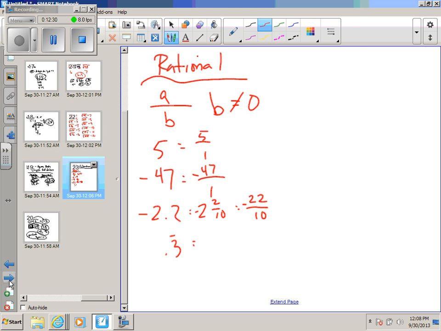Let me show you a little trick with repeating decimals. If I were to just ignore the bar notation for a second, and I just look at this as 3/10, how would I put 3/10 into fraction form? 3 over 10. However, since it's repeating, there's something special that happens to your denominator.